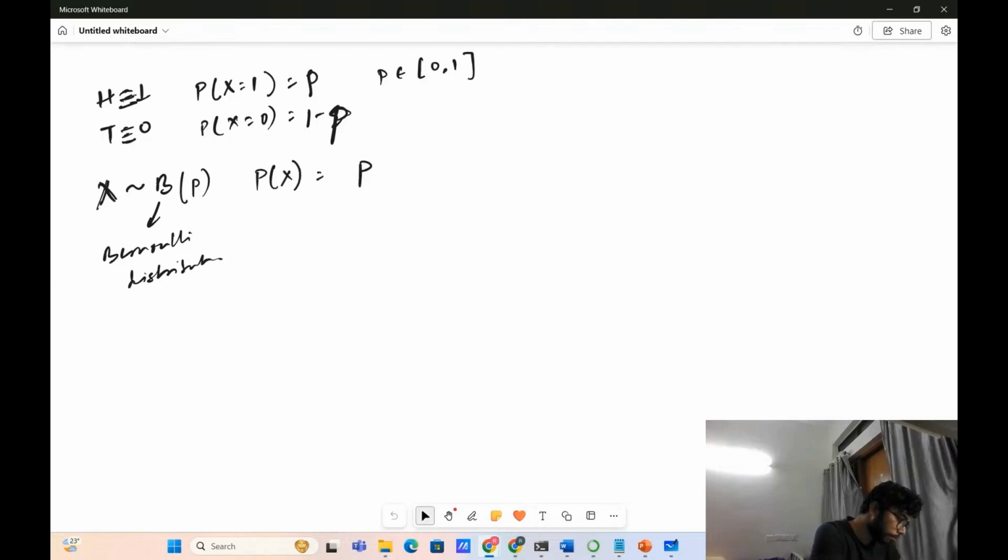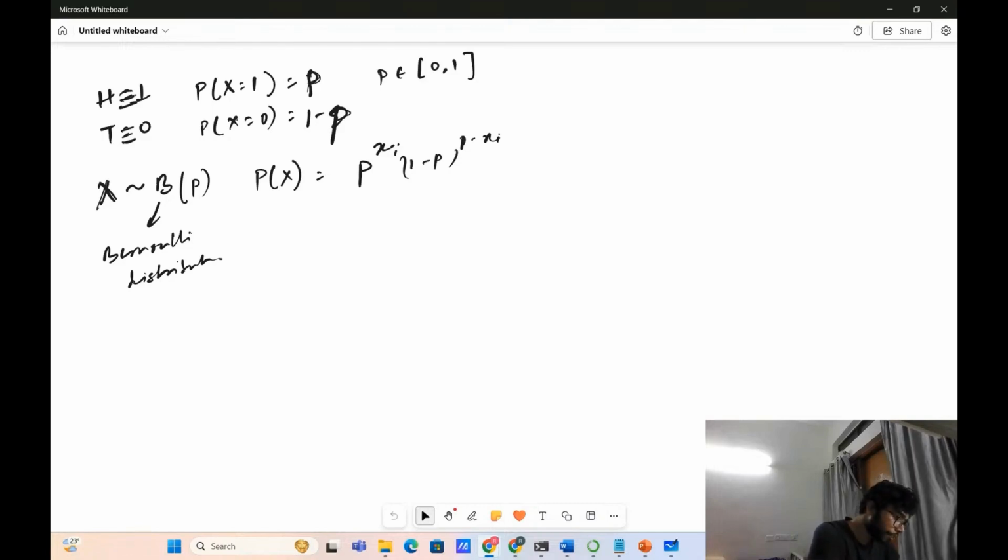It is p to the power of xi times (1 minus p) to the power of 1 minus xi. I'll explain this in a bit. So you see, in this experiment the probability that x will take value 1 is p, and the probability that x will take value 0 is 1 minus p, right?